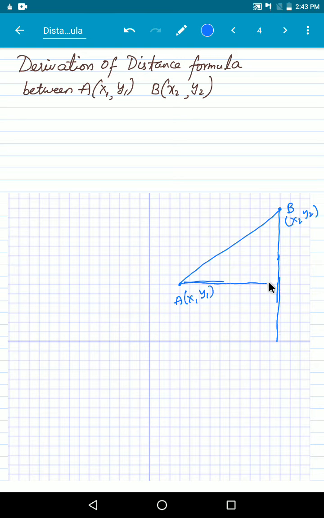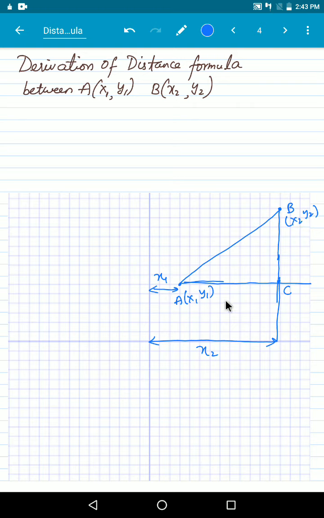I'm trying to draw the lines as straight as possible. Now let this point of intersection be C. Now see, from here to here it is x1, right? Because the x value is x1, and from here to here the x value is x2, because the coordinates here are (x2, y2).